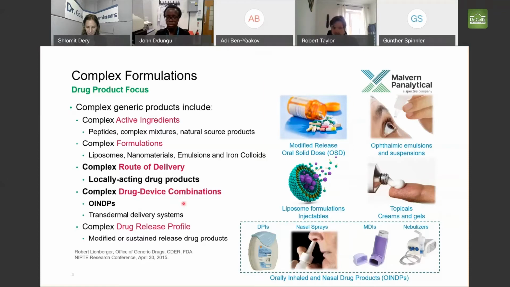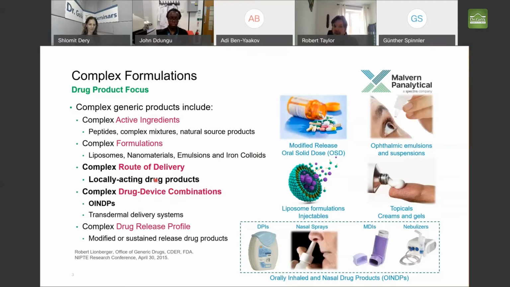Regarding route of delivery, most of these drug products are intended to have a locally acting effect. So we hope to deliver the active ingredient to the nasal or lung epithelia and treat conditions there, usually some kind of inflammation. Some products, of course, are intended to get into the systemic circulation, but most aren't.